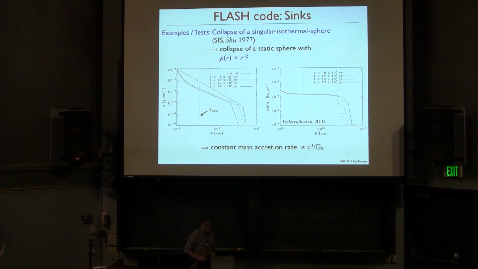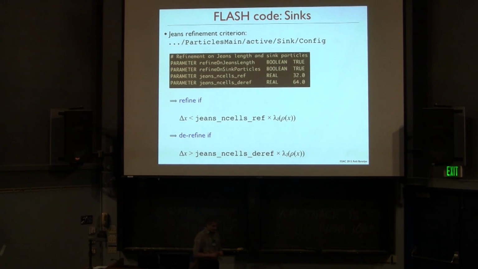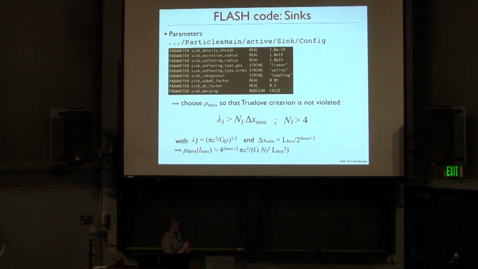Yes? In the FLASH code, how do you make sure that on the highest level you still resolve the Jeans length? Do you implement the pressure floor or something? On the highest level of refinement that you want the simulation to go, you still have to make sure to resolve the Jeans length. So on the highest refinement level you go back and adjust your threshold density.